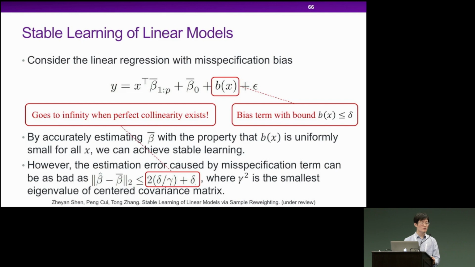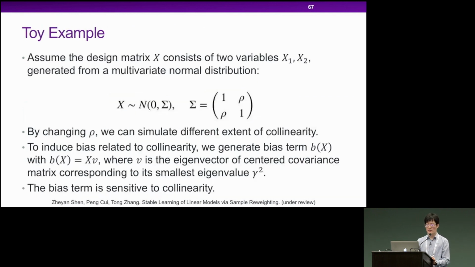Then we do a toy example. Assume we have a design matrix X composed of two variables x1 and x2, generated from a multivariate normal distribution. The sigma here is in this form, and rho is a controller of the collinearity between the variables. When rho is very large, there is very strong collinearity in the input variables.